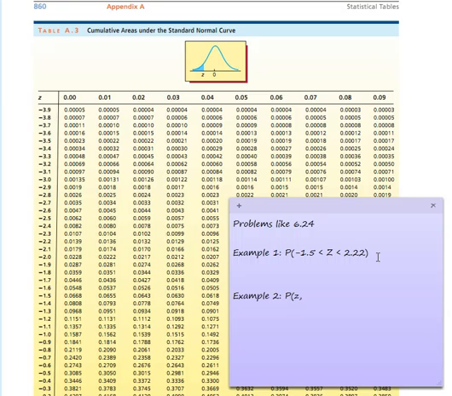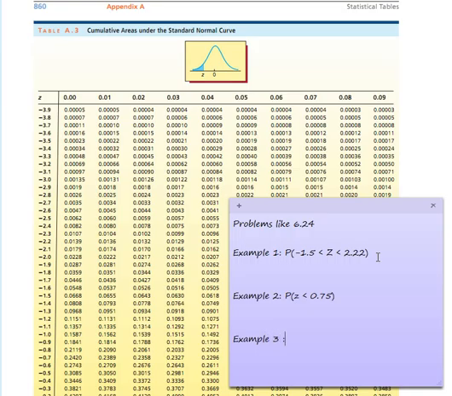How about 0.75? So z is greater than, or sorry, did I say less than? Let's take less than 0.75. And the third example, and they only vary to this extent.